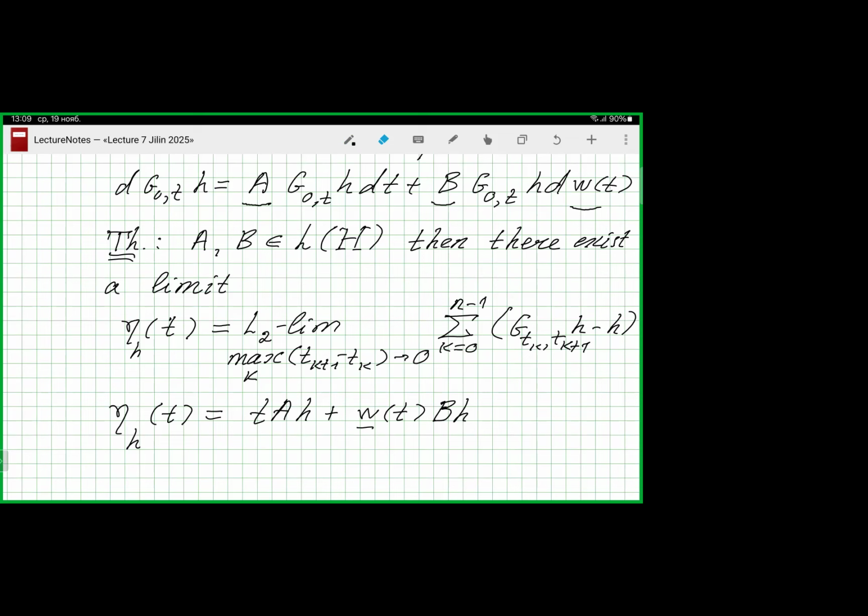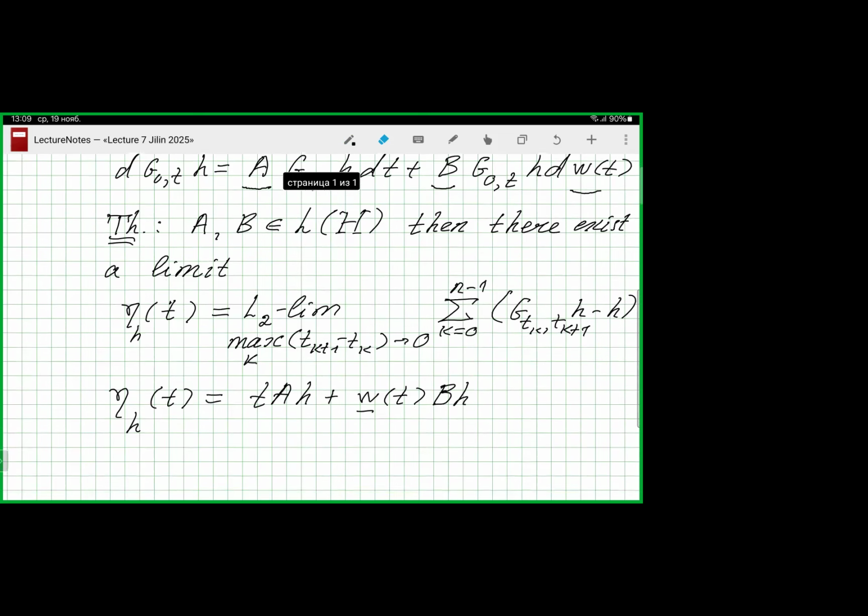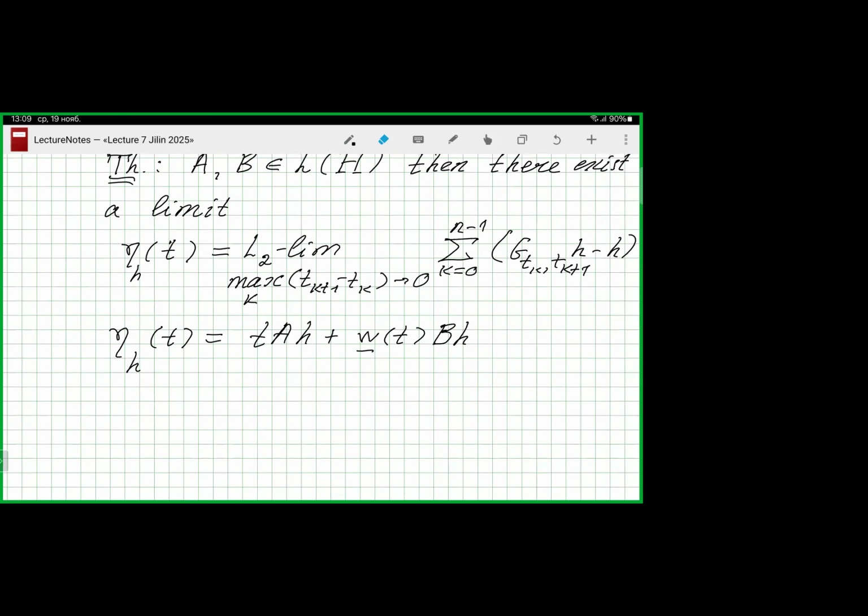So let us begin with the example which was discovered by me in 2011, and this example can be called the semigroup of finite dimensional projections.